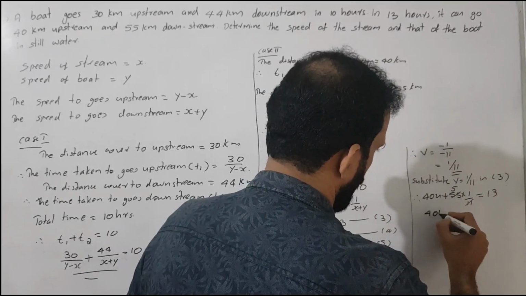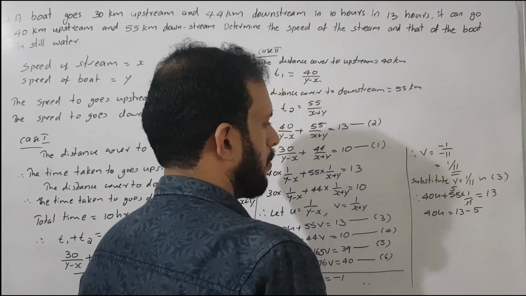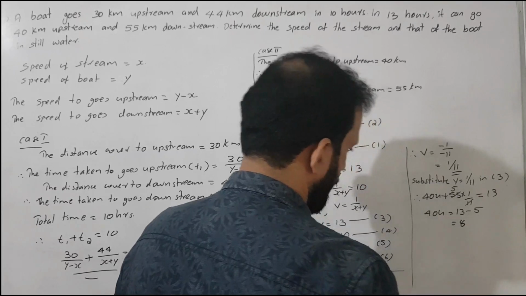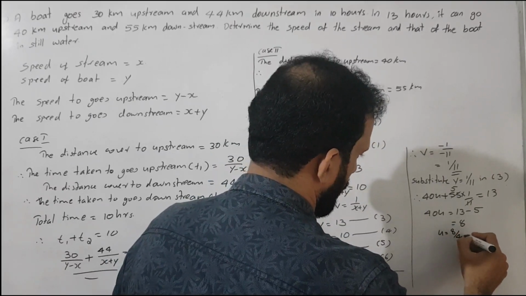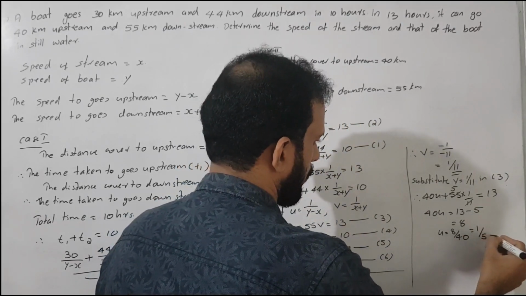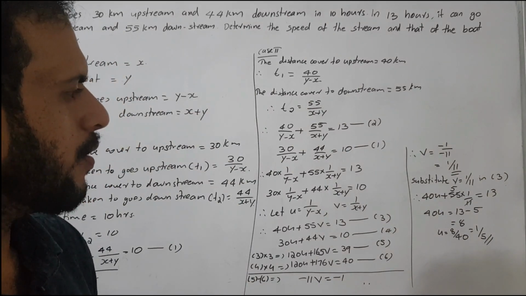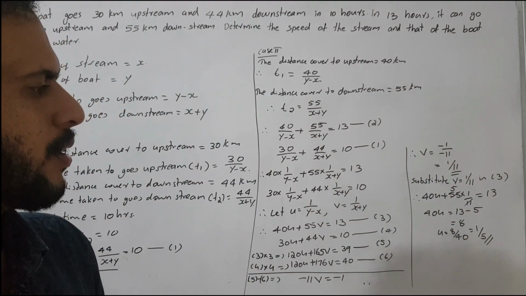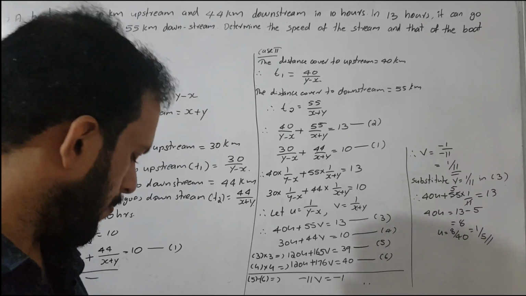Then 40u is equal to 13 minus 5, which is 8. Therefore, u is equal to 8 by 40. It is possible to reduce, that is 1 by 5, correct? Now we got the values of u and v. u is equal to 1 by 5 and v is equal to 1 by 11.